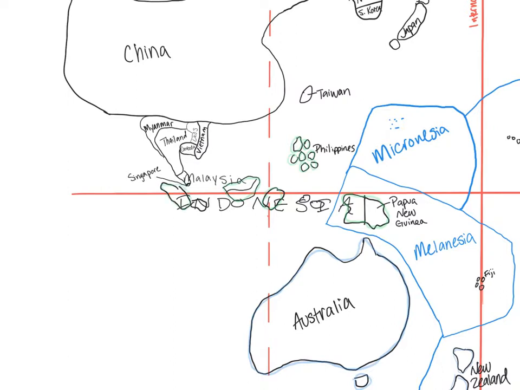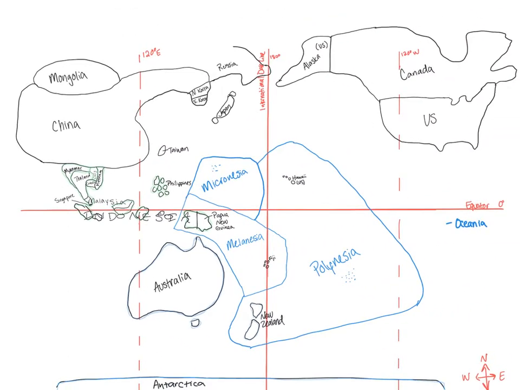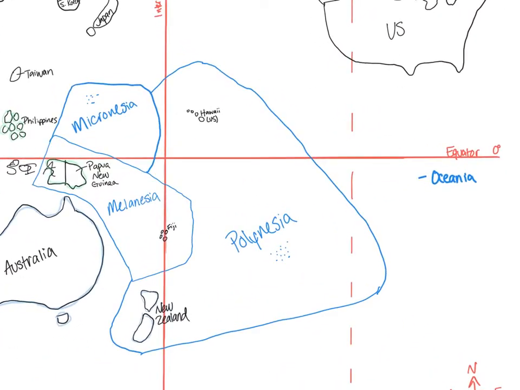Melanesia is included. Singapore, Myanmar, all of these countries in here. So Laos, Vietnam, Thailand, Cambodia, all of those countries are Southeast Asia. So I'm going to come label that over here again.